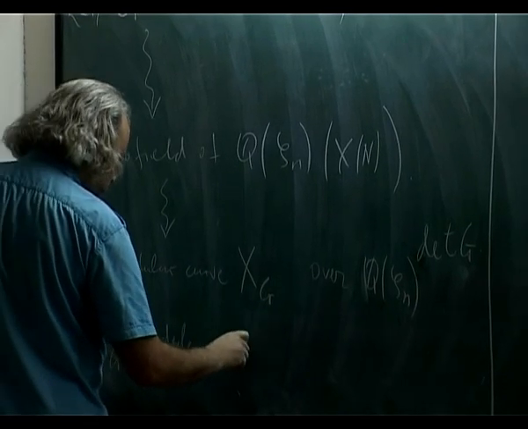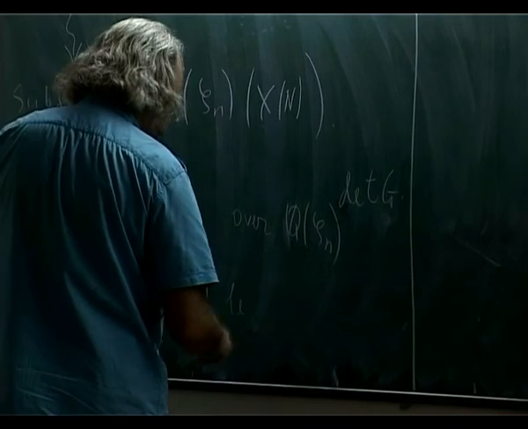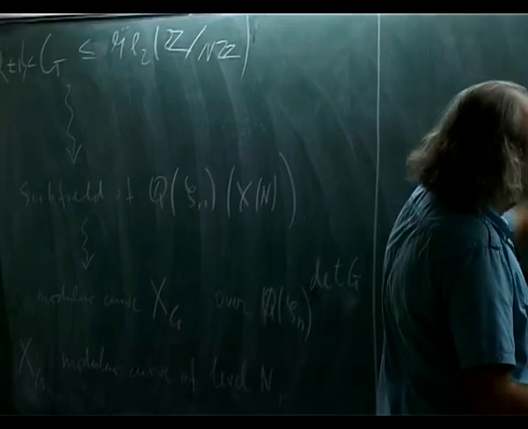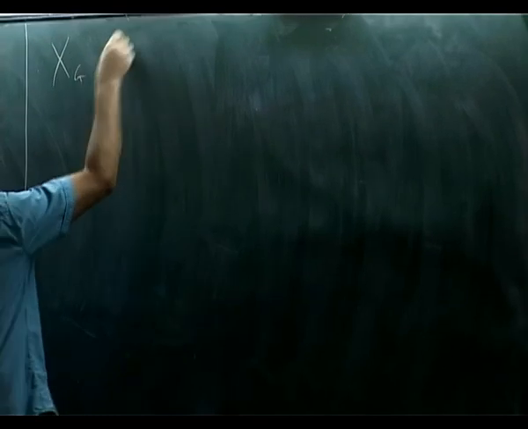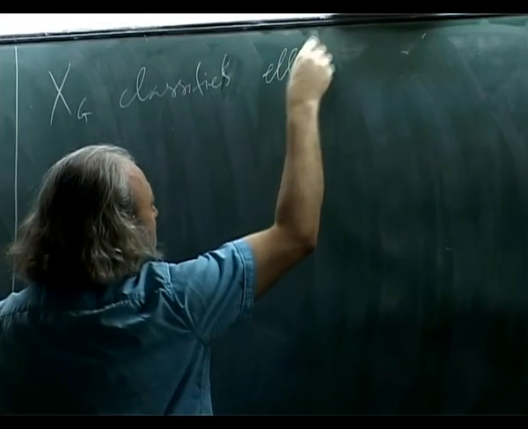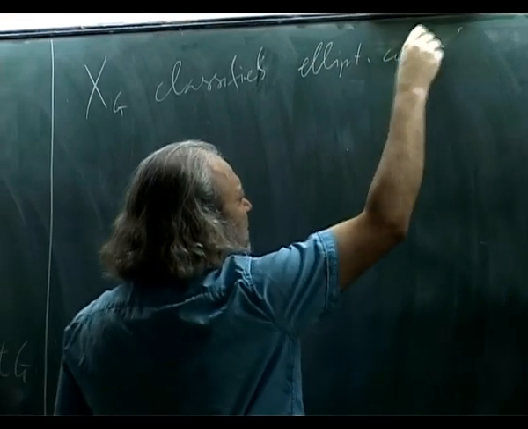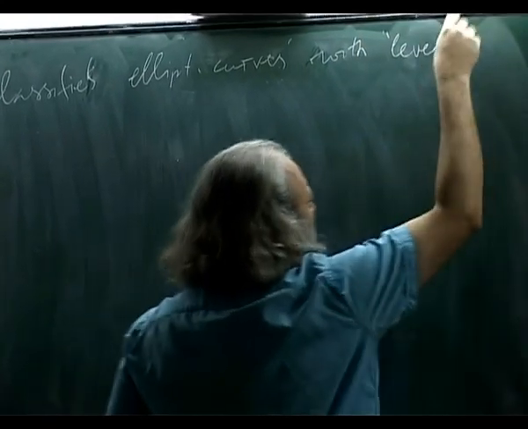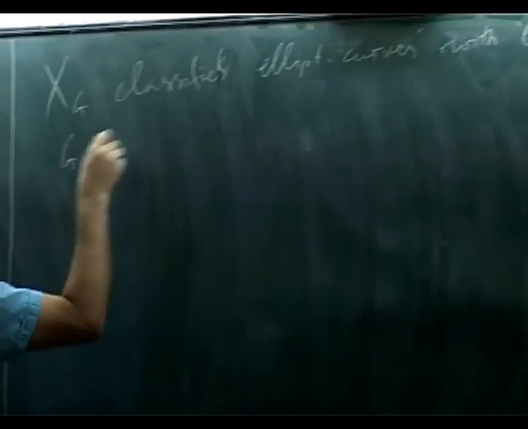Just let me illustrate this by some example. And XG is called the modular curve of level n, and it classifies elliptic curves with a level n G structure, well, whatever it means.